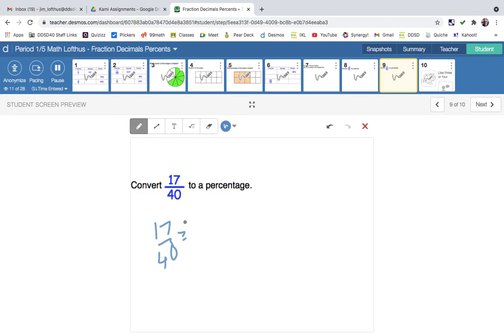That's equal to 0.425, and that changes as a percentage to 42.5%.